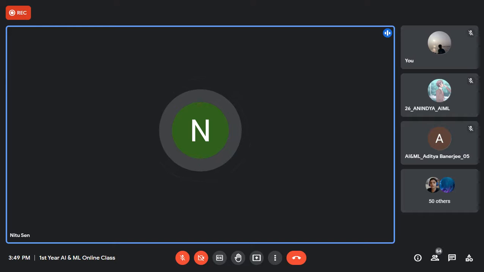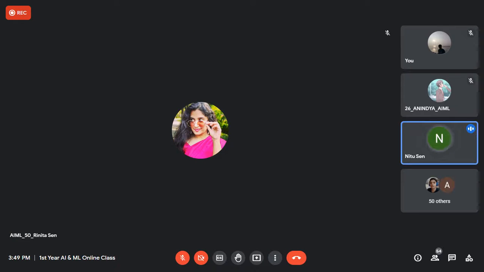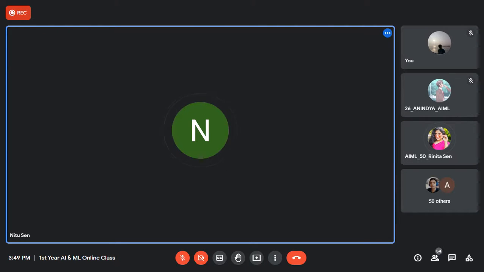Next apparatus is load, that is, in bracket, lamp. Load is your lamp. Write down load, in bracket lamp. We are using a lamp as a load, okay?